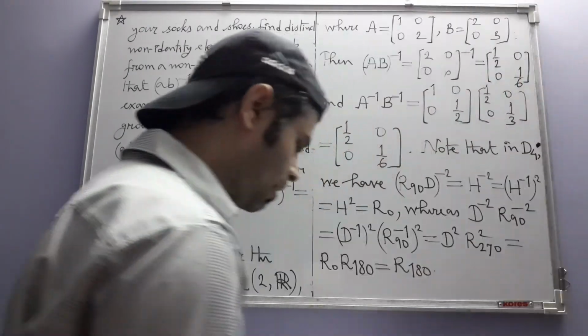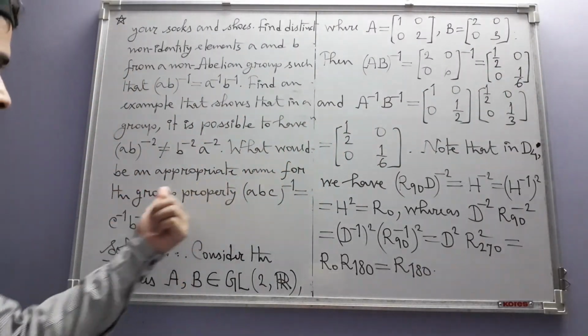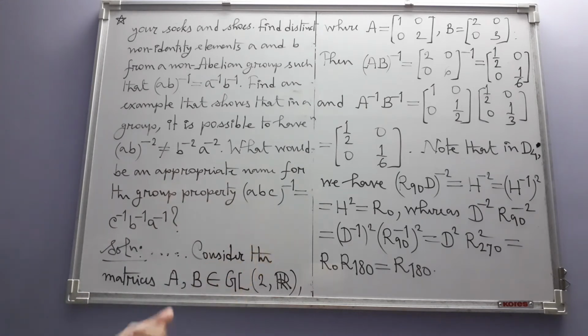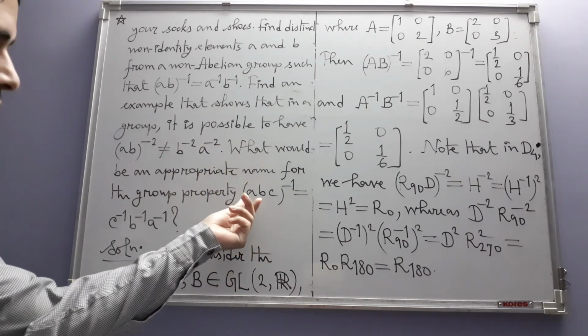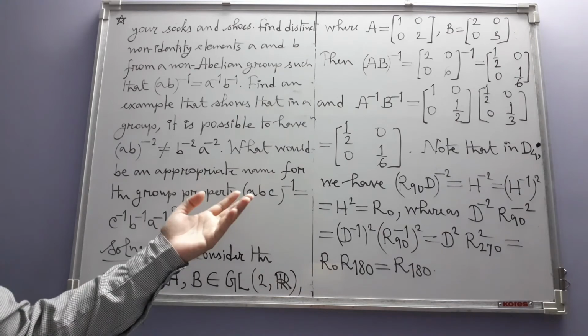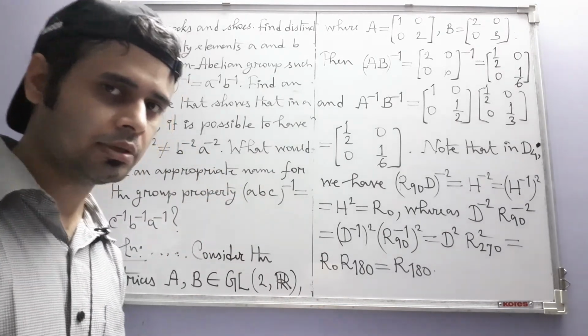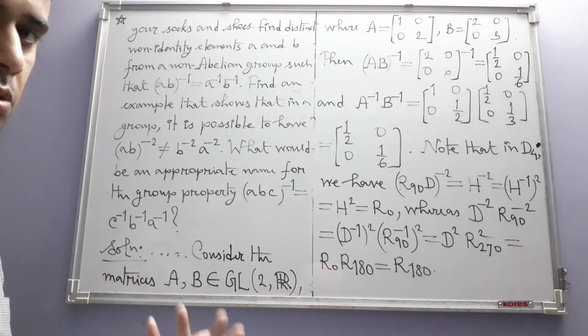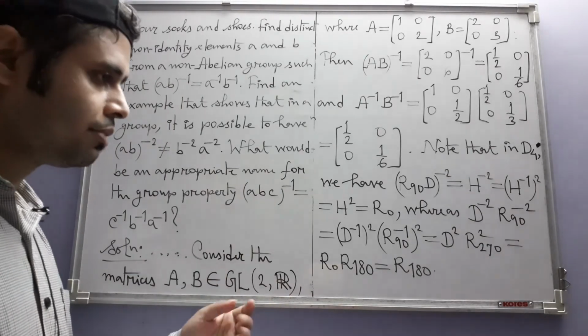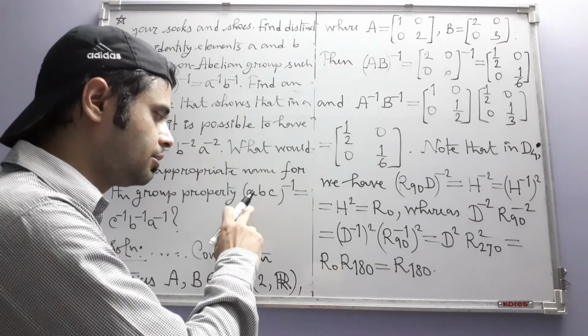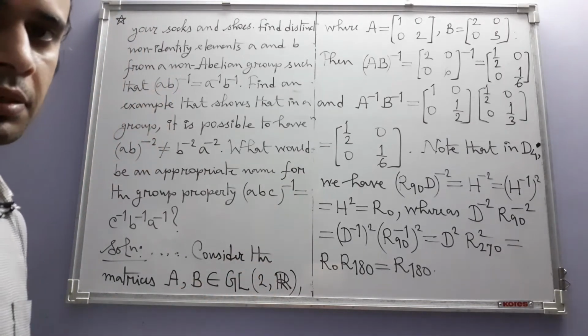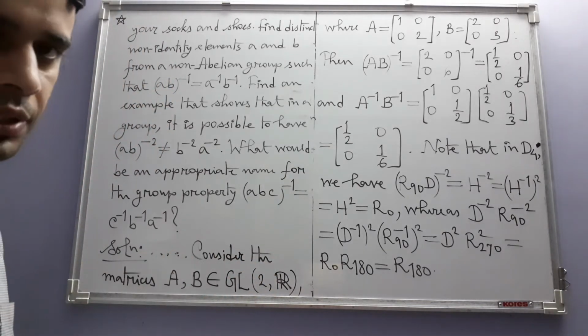And the last part, what would be an appropriate name for the group property? Like for the one having two elements, we could make the analogy between putting on and taking off shoes and socks. Like that, you have to think of a situation where you do three things in succession to achieve something.